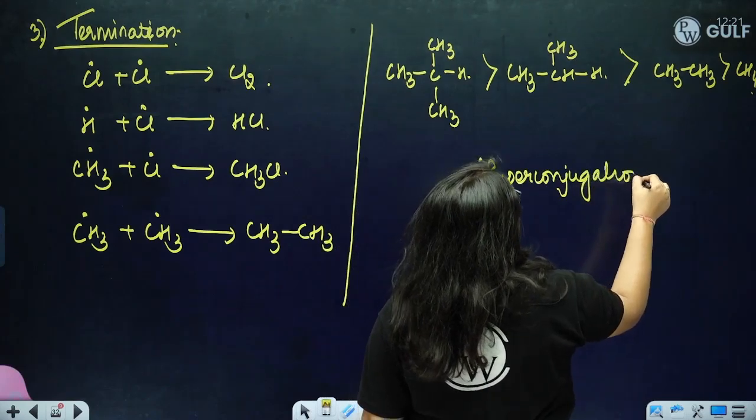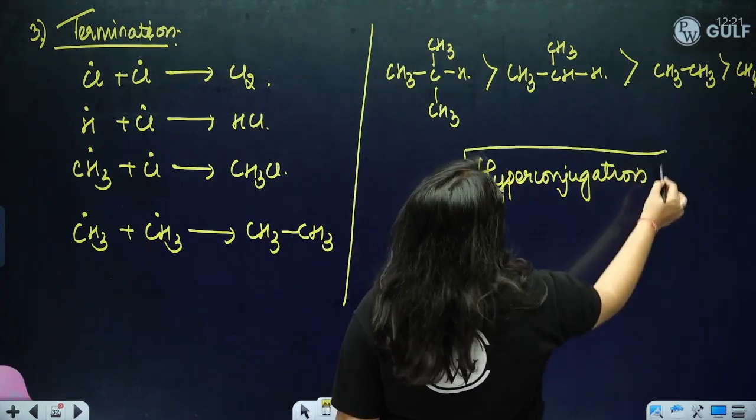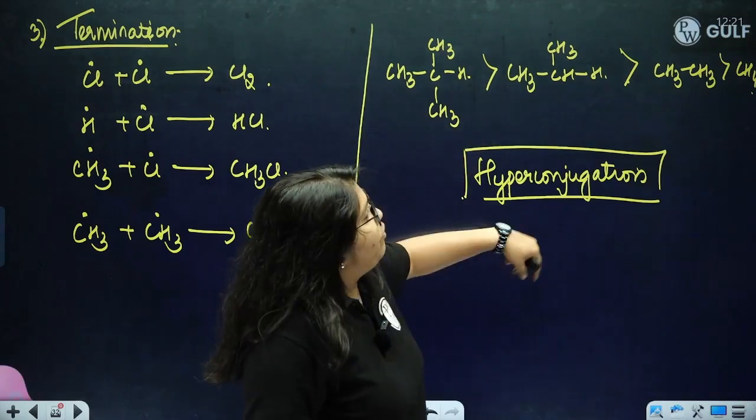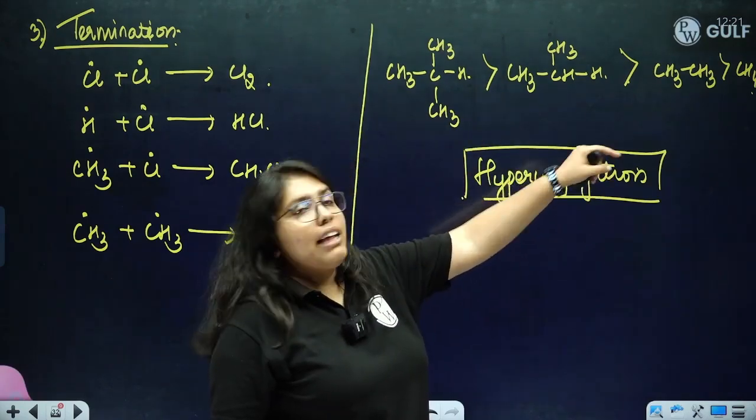Because of hyperconjugation, the free radicals formed are tertiary free radical, secondary free radical, primary free radical, and methyl free radical.